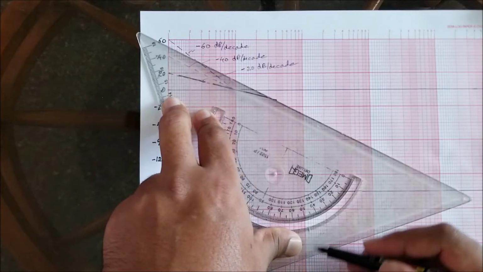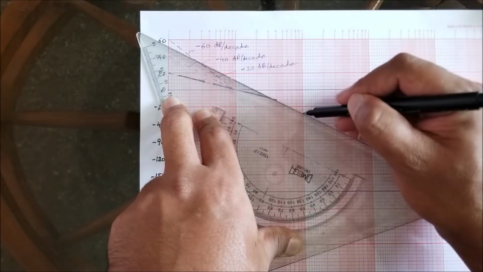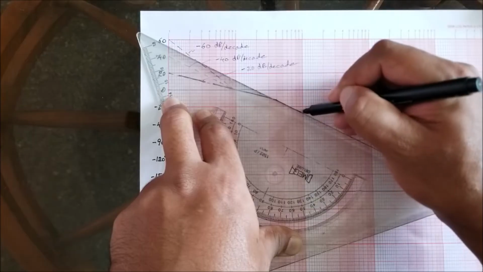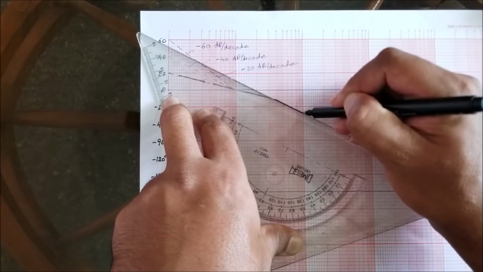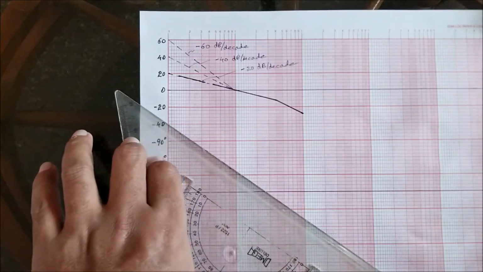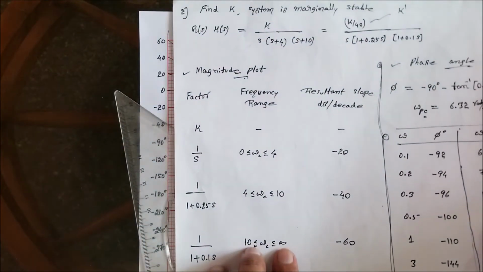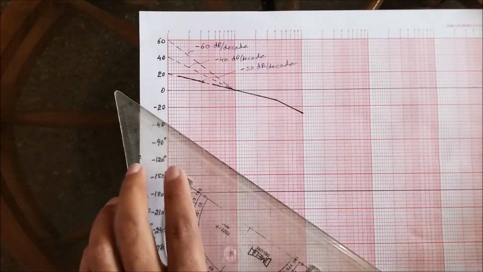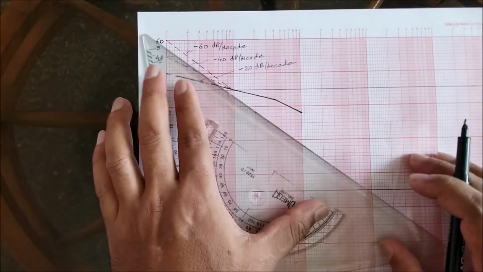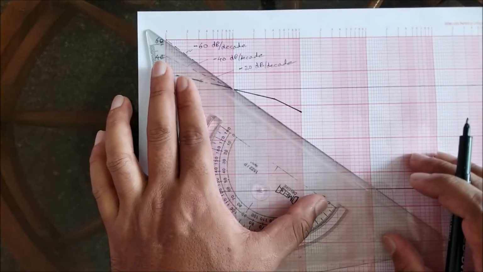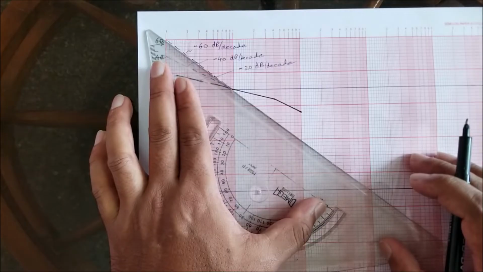So this is 10 radians per second. So from 4 to 10 you draw minus 40 slope. Then from 10 radians per second to infinity it is minus 60. So draw a line parallel to minus 60 from 10 radians per second to infinity.